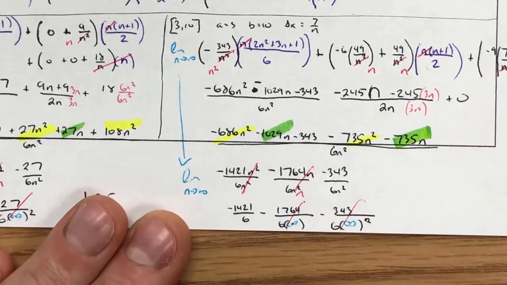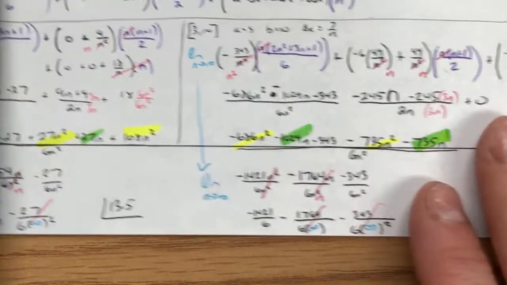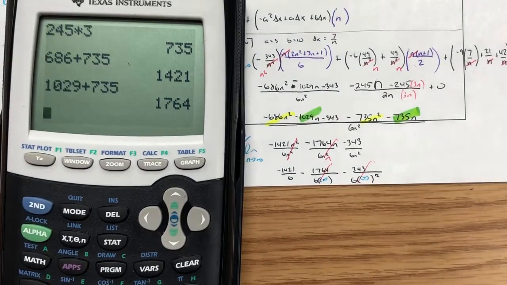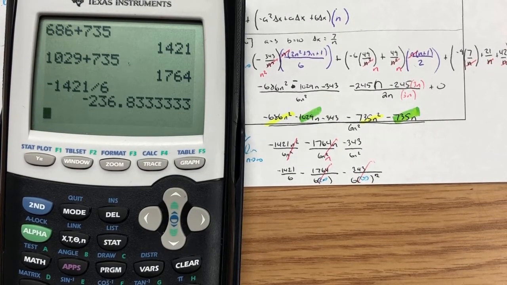Both of those reduce down to 0, so I'm really looking at whatever negative 1421 over 6 is. And so let's take a look at what negative 1421 divided by 6 is. 236.83.